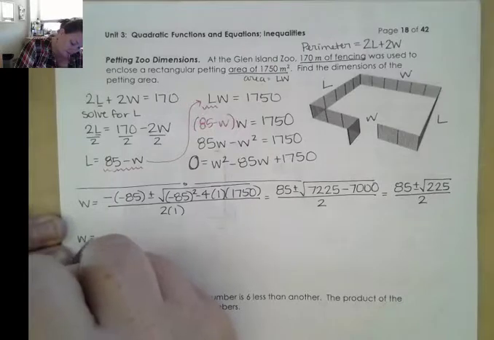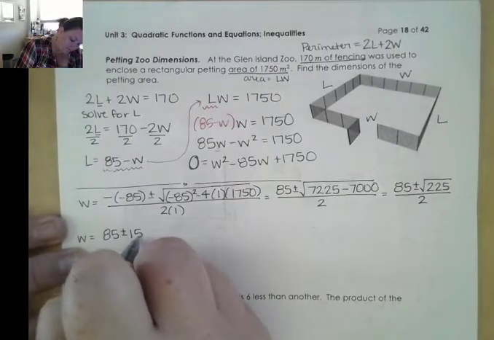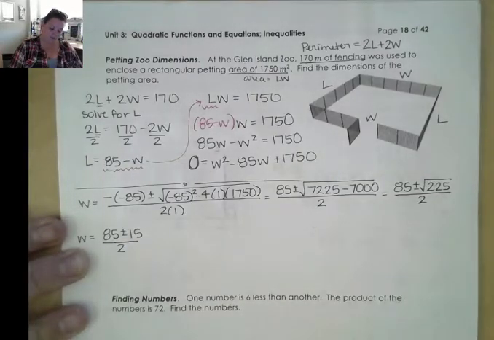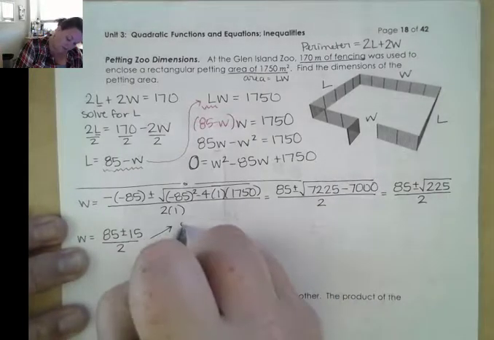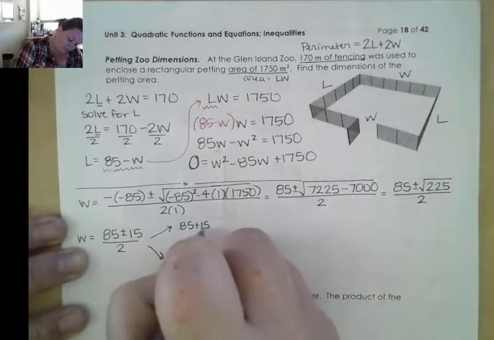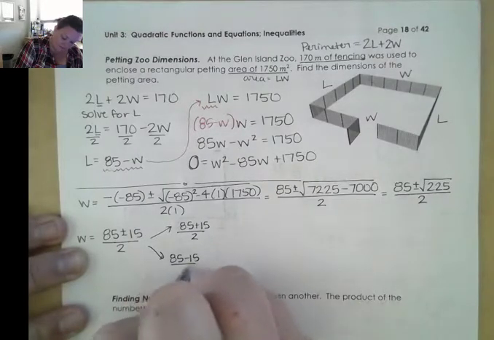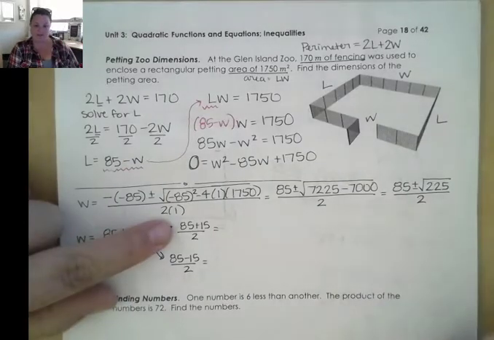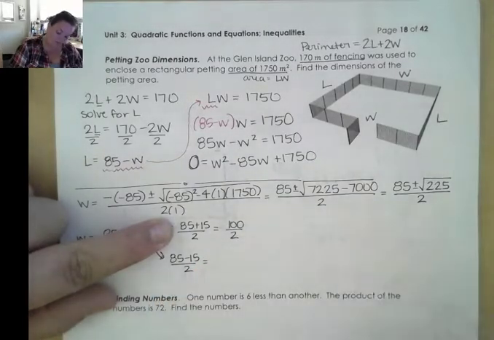So this gives us W is equal to 85 plus or minus 15 all over 2, right? And then we just work out the two options. So this is going to give us two answers. So we do 85 plus 15 over 2, and 85 minus 15 over 2. So 85 plus 15 is what? 100 over 2.